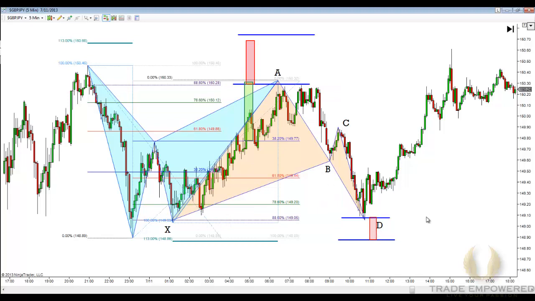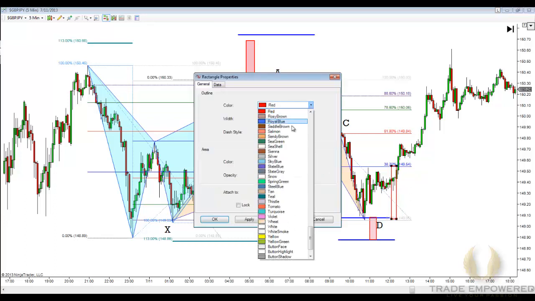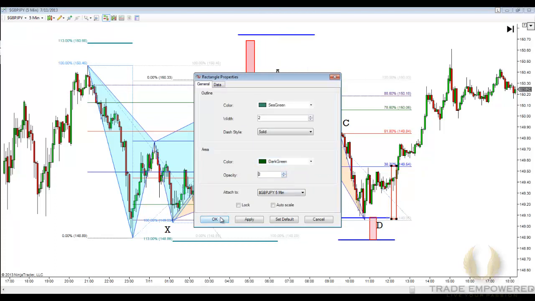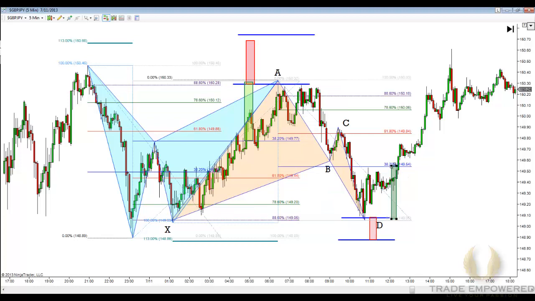For targets, we want to take our Fibonacci retracement from our A leg down to our D leg. And for target 1s, we're looking at our 382 Fibonacci retracement. And for target 2s, we're looking at our 618 retracement.